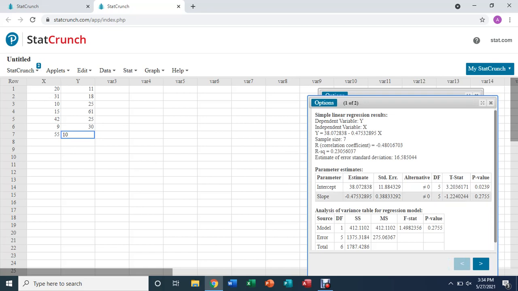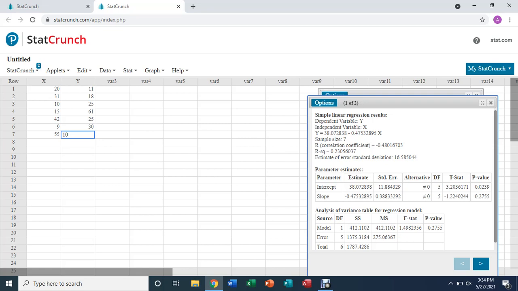So the p-value under the slope is 0.2755, and it's higher than most common alpha. So we're gonna fail to reject the null and conclude there is no linear correlation between x and y.